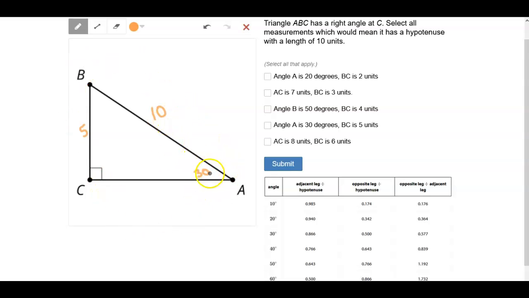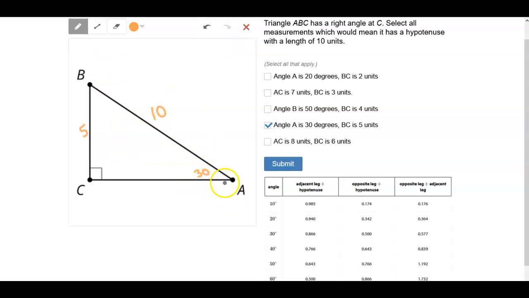If you look at this, this is a 30-60-90 right triangle, and that comes from half of an equilateral triangle. So if this side right here is one full side of an equilateral triangle, then this side has to be half of it, because the height of that triangle splits the equilateral triangle directly in half. So this one does work.